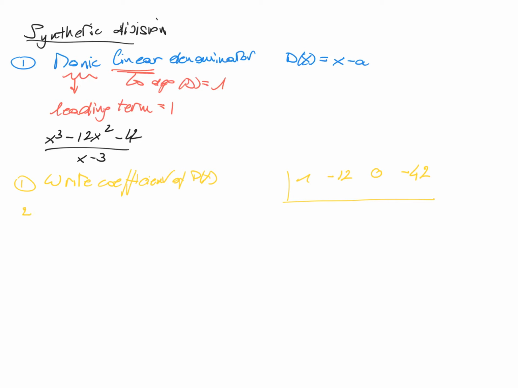In the second step, we negate the divisor. So we negate d of x. So this then becomes minus x plus 3. And then in the third step, you take this negated divisor, so the negated d of x, and you write every coefficient of this divisor to the left of your polynomial, except for the first one.